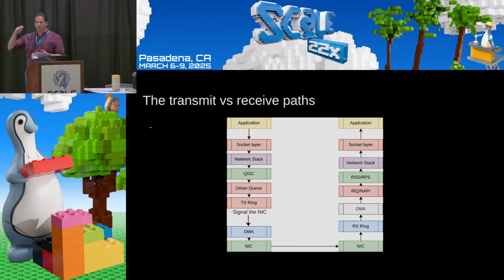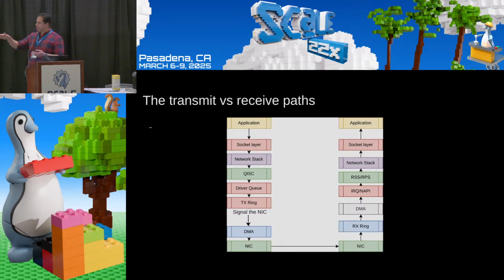We go through the TCP/UDP layer, the IP layer, and then the data link layer, and that's where the queuing discipline will come into place, and will start rearranging the packets based on the policies we specified. We have the driver queue at that point, and the TX ring, which is how we specify to the NIC, this is the data we want you to send. And then we have a signal that gets sent to the NIC, which tells it to DMA those packets, put them on the wire, and send them out.